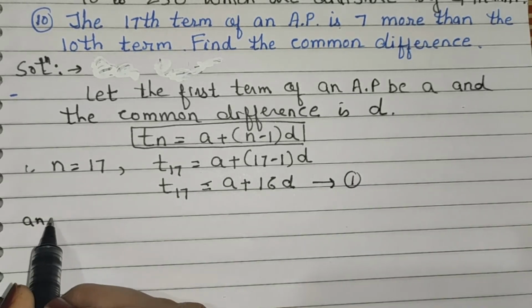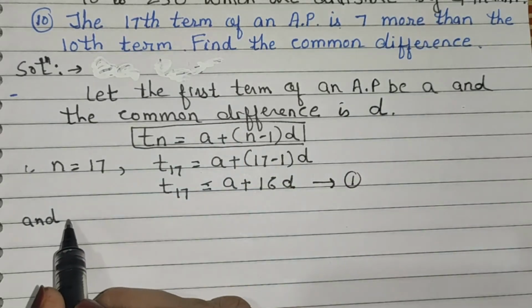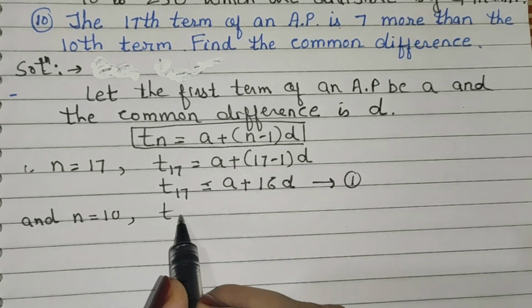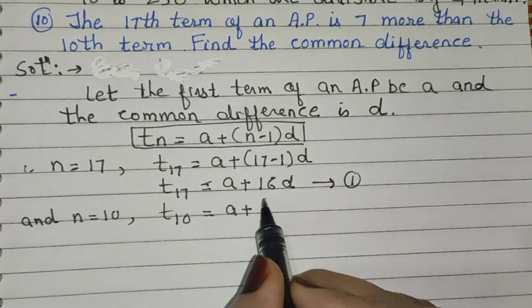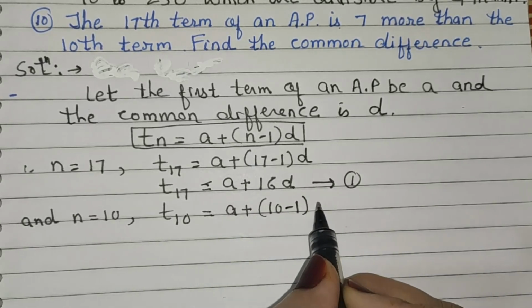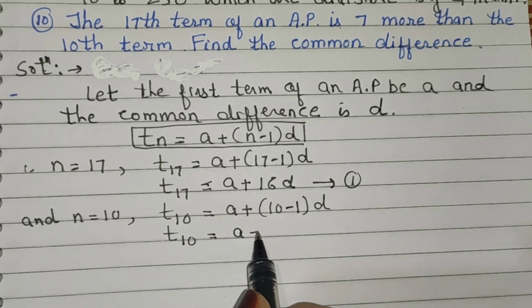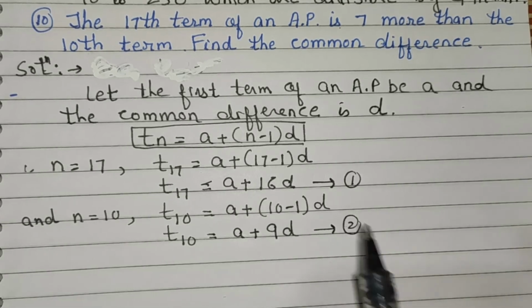And next 10th term, n is equal to 10. Substituting in the given formula, we get T10 is equal to A plus 10 minus 1 into D. Therefore T10 is equal to A plus 9D. Give it equation number 2.